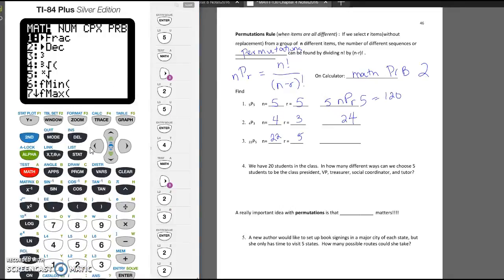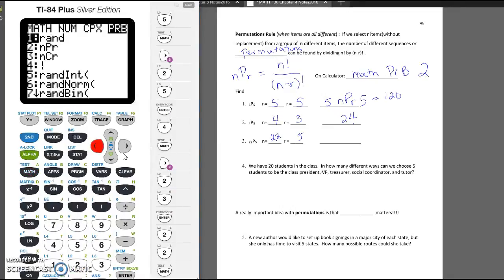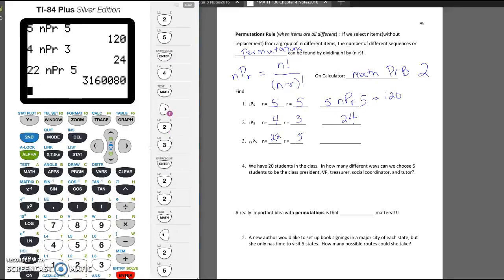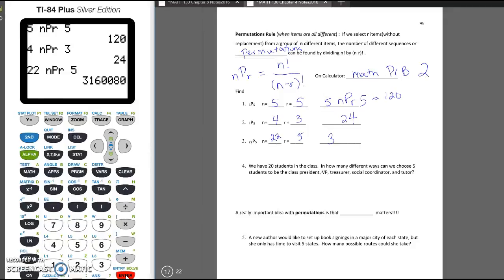So again, we can use our calculator. So again, what that number means, it means if you had 22 objects and you wanted to know how you could arrange 5 of them, well, we just found out that there's 3,160,080 ways to arrange them.